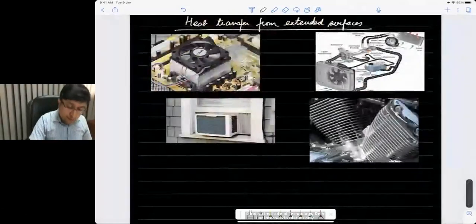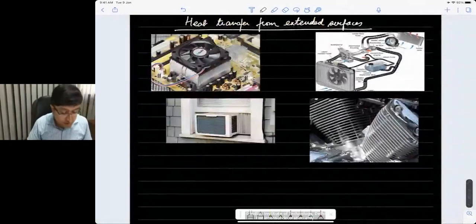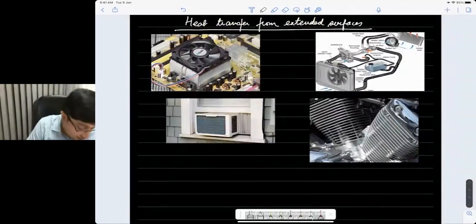There are these four devices that you will see very commonly. One you may not see as commonly, because nowadays very few people use desktop computers. As I said earlier, the first is the case of taking heat away from a microprocessor through a heat sink.